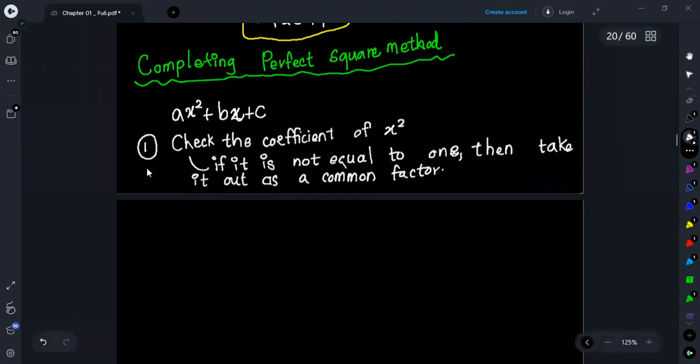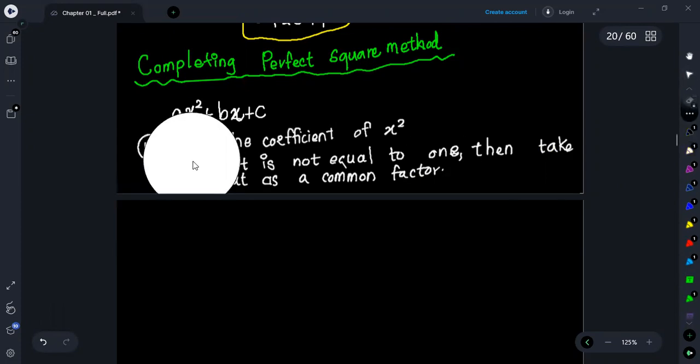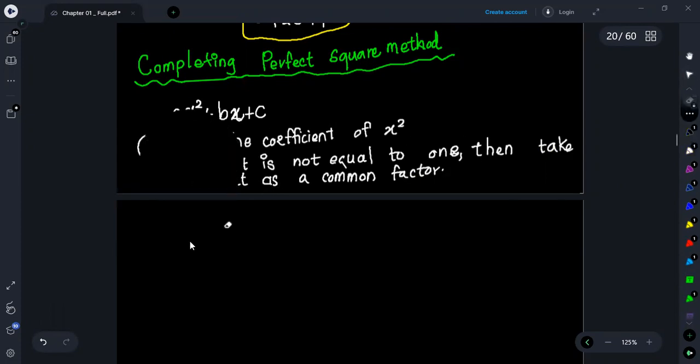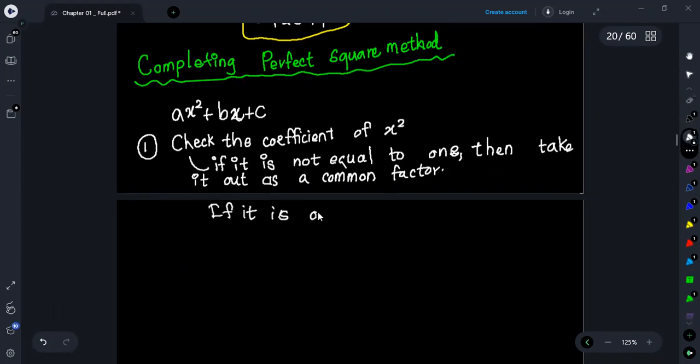If it is equal to 1, there is no need to change, and we can proceed as it is.